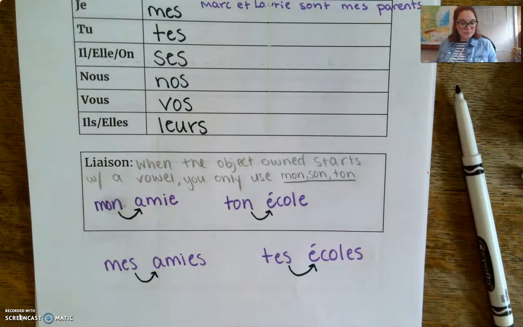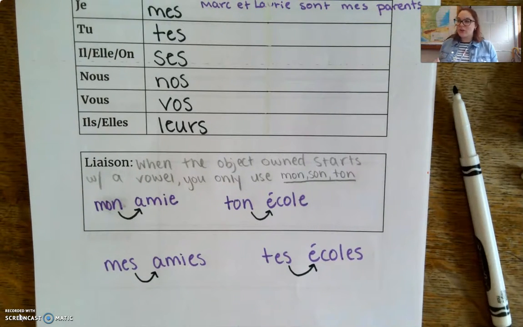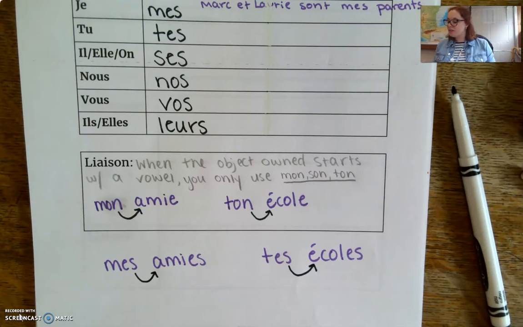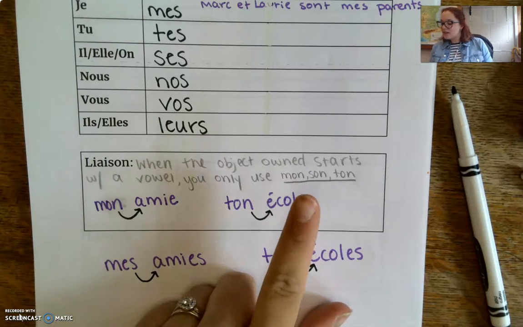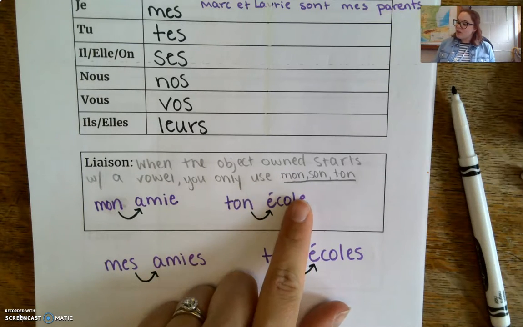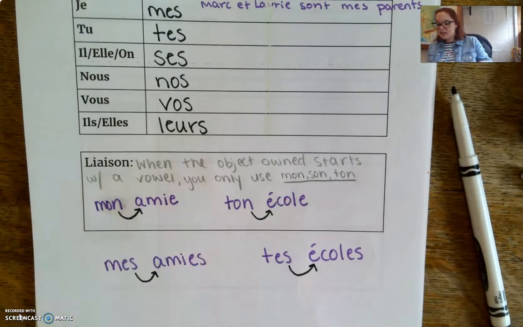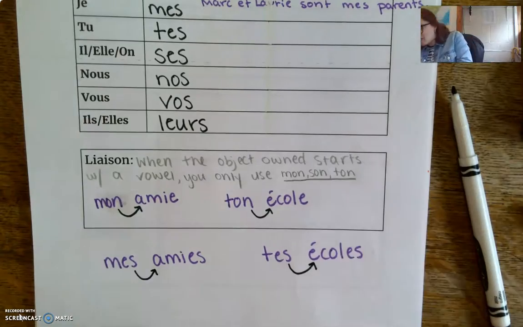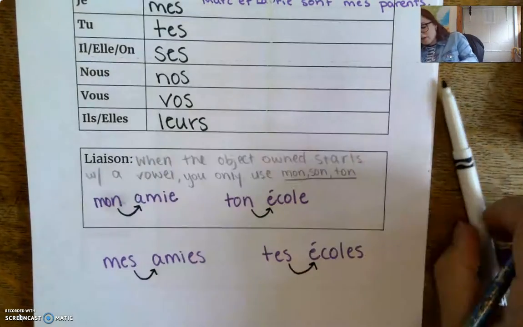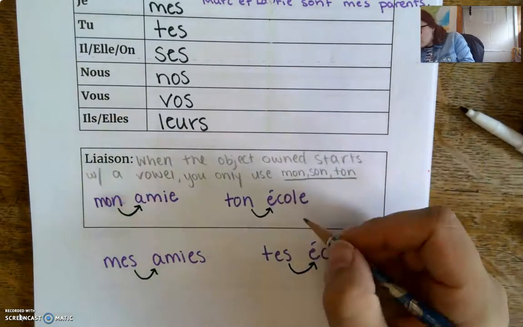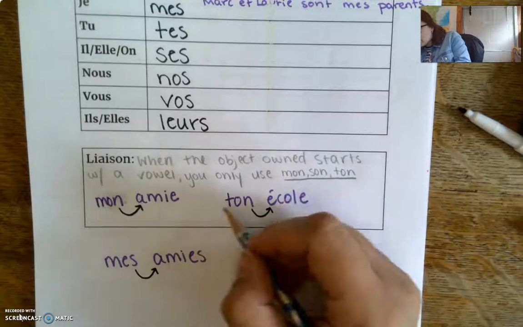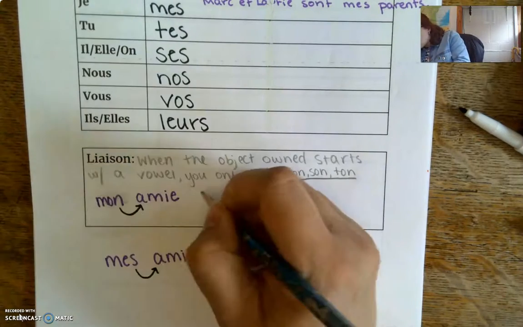So, it's important to know that when your object starts with a vowel, and we're going to add in a little bit because I don't think this is a very good description. When the object starts with a vowel, we'll add a little bit in here.